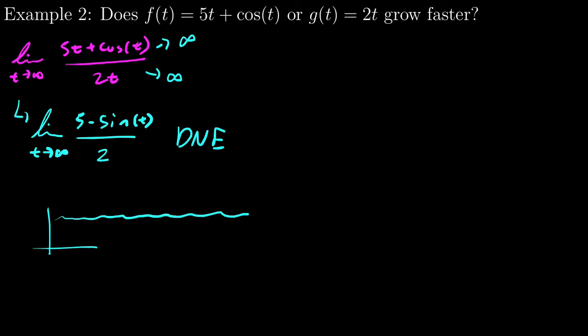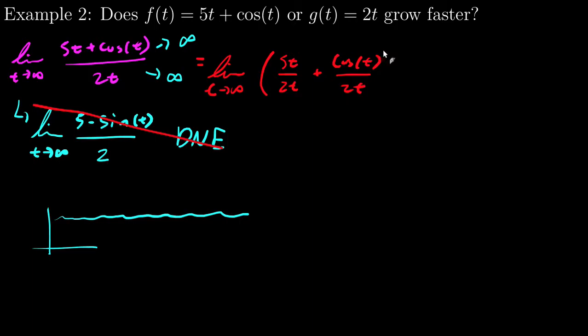But if you recall, whenever I talked about L'Hopital's rule, there's always the requirement that this limit existed. If it does not exist, it doesn't mean that the original limit can't exist. So if we were smarter, instead of jumping right into L'Hopital's rule, I'm going to rewrite the limit. As t approaches infinity, I'll split the numerator: 5t over 2t plus cosine t over 2t.